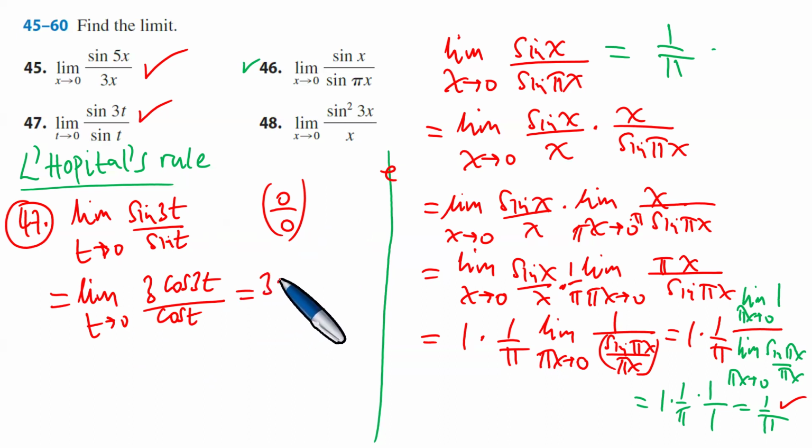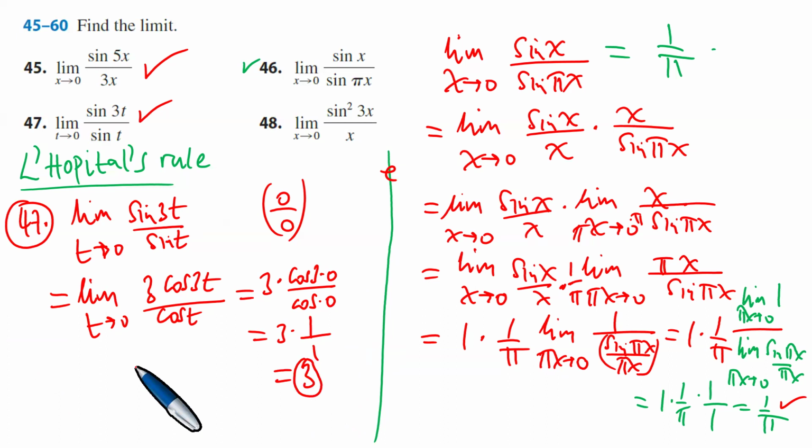Then it is 3 cosine of 3 times 0 divided by cosine 0. Cosine 0 is 1, so the answer is 3.